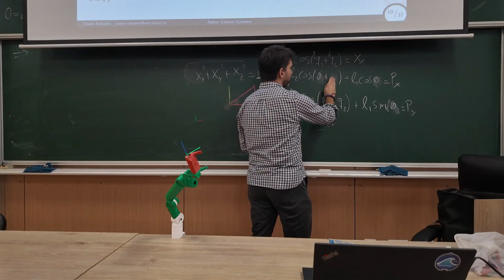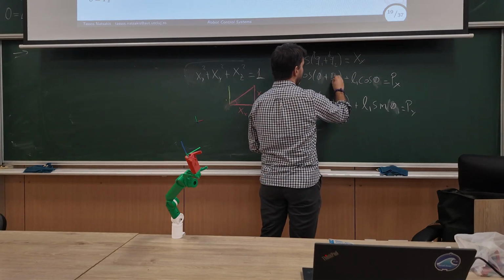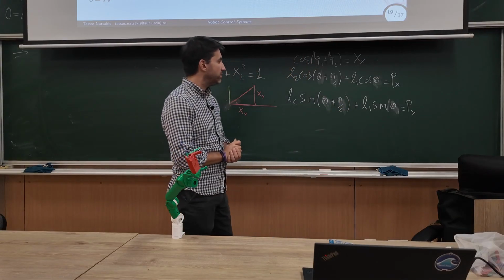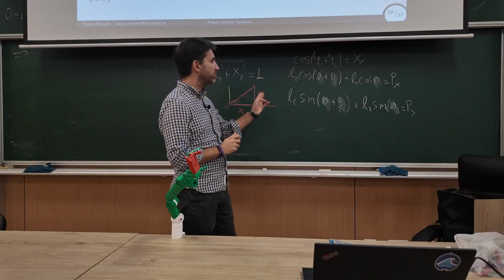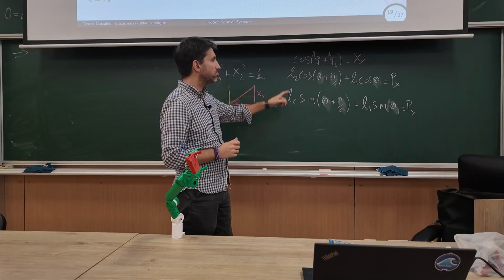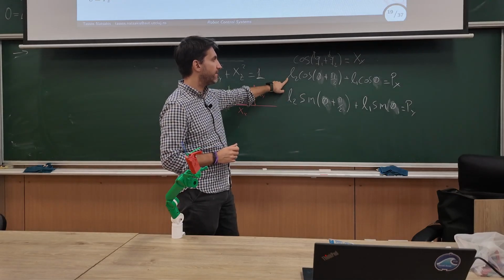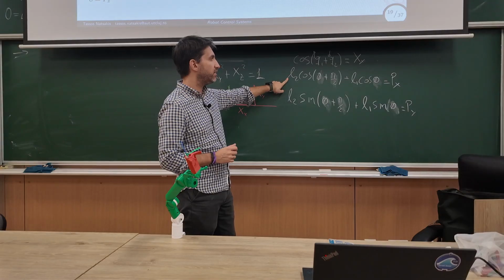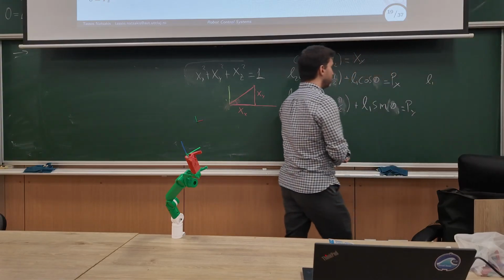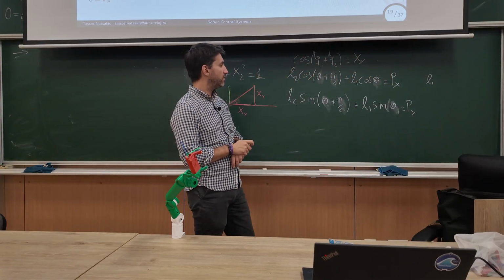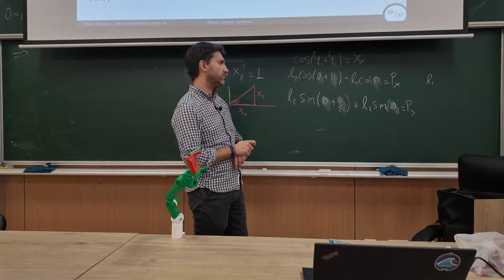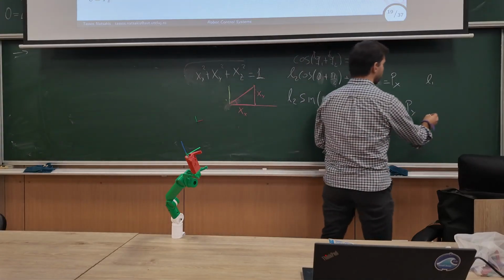Let's say it's 90 degrees, pi over 2. All right. What do I get for Px and for Py? Px is L2 cos pi over 2. So this will be what? For Px will be L1. Okay. For Py? Minus L2? No, L2. Okay, L2.